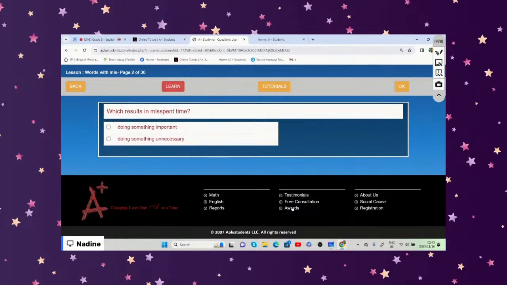Which results in misspent time? Is it doing something important or doing something unnecessary? This results in misspent time. So basically, we can say the result of misspent time is doing something unnecessary.